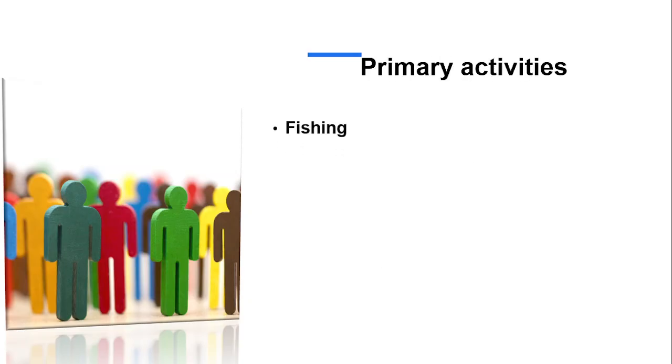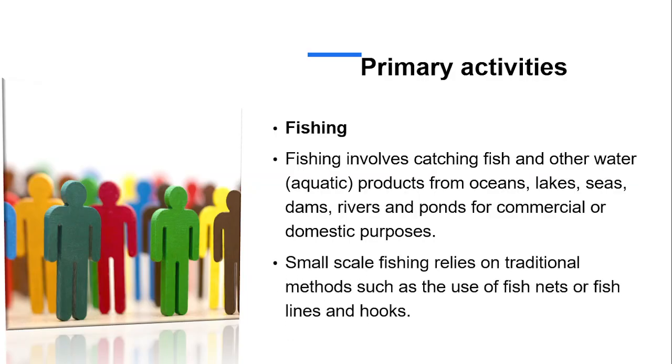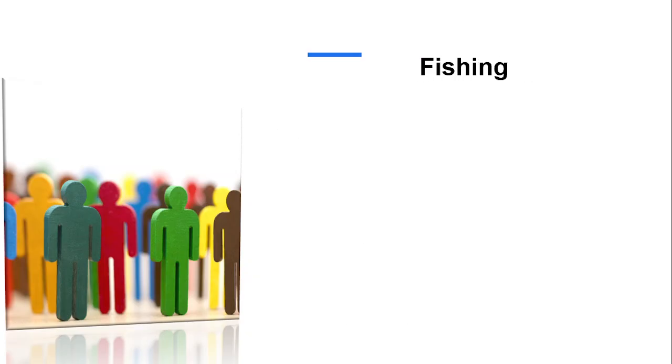The other primary activity is fishing. Fishing involves catching fish and other aquatic products from oceans, seas, dams, rivers, and ponds for commercial or domestic purposes. Small-scale fishing relies on traditional methods such as the use of fish nets and hooks. When you talk about large-scale fishing, it involves fishing boats, to get large amounts of fish.